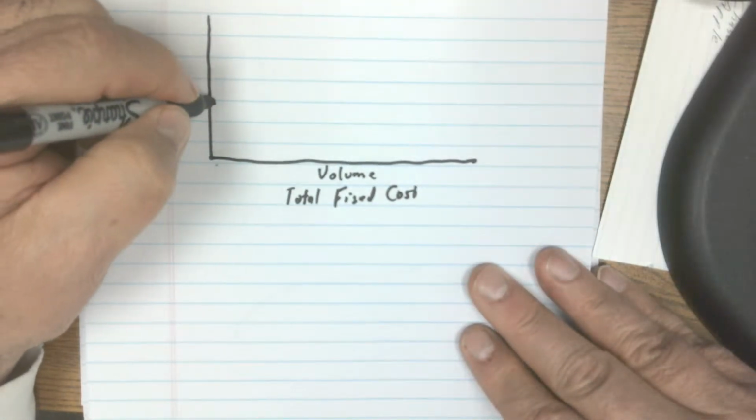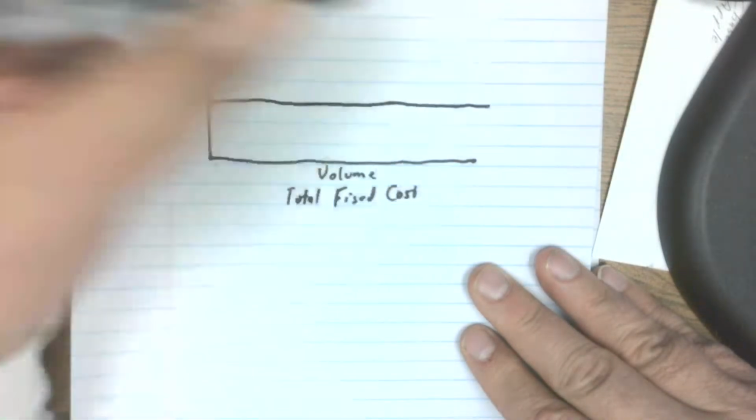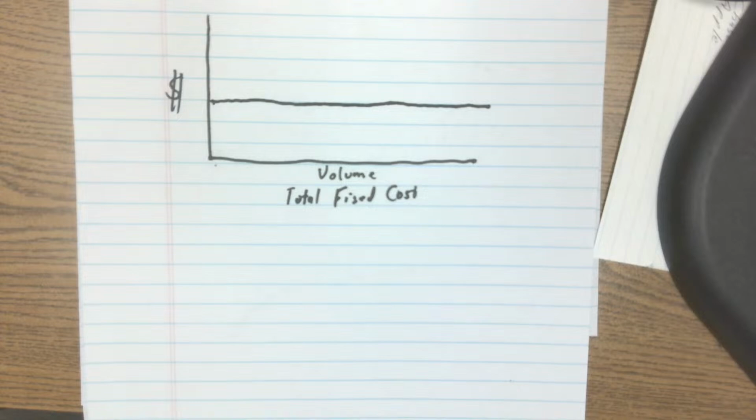And that's going to look flat, right? Again, now it's obvious that if we outgrow our factory, we're going to have to go lease a bigger factory or an additional factory, one or the other. And so, yes, technically that cost has some variability, but that gets back to that concept within the relevant range that we are operating in, that cost is fixed.